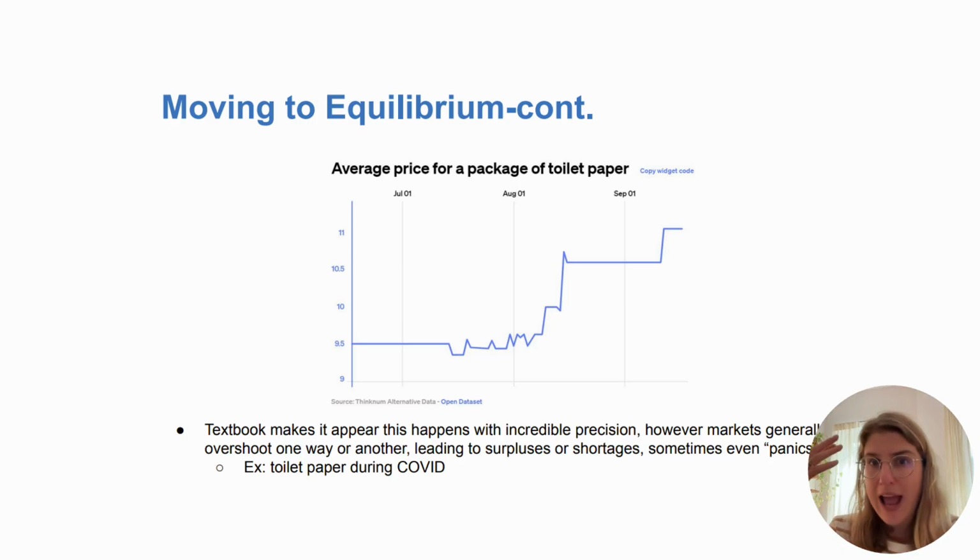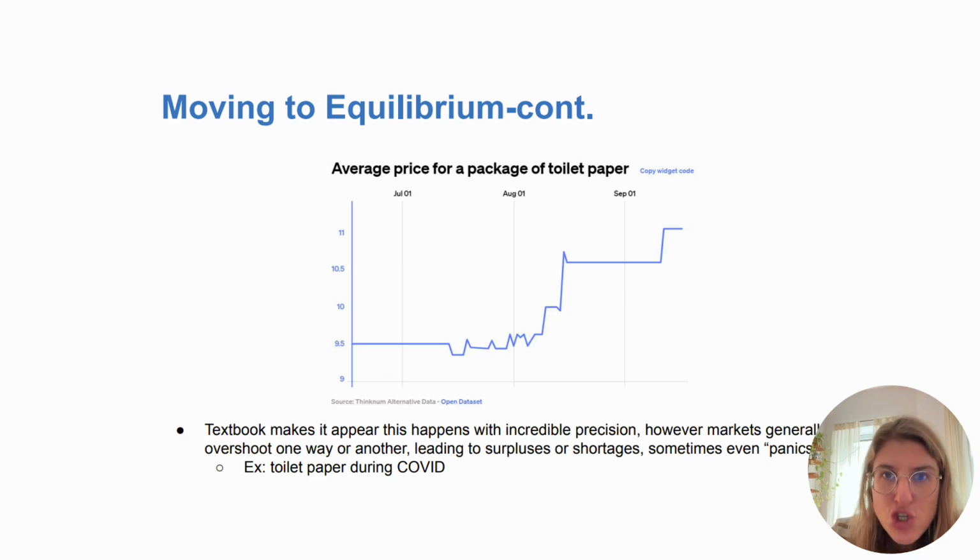So at the start, there was a sudden spike in demand for toilet paper that completely overwhelmed supply, and prices jumped way up for toilet paper. And even when supply chains adjusted to the increased demand for toilet paper, you can see here on this graph that the price stayed elevated for months, right?